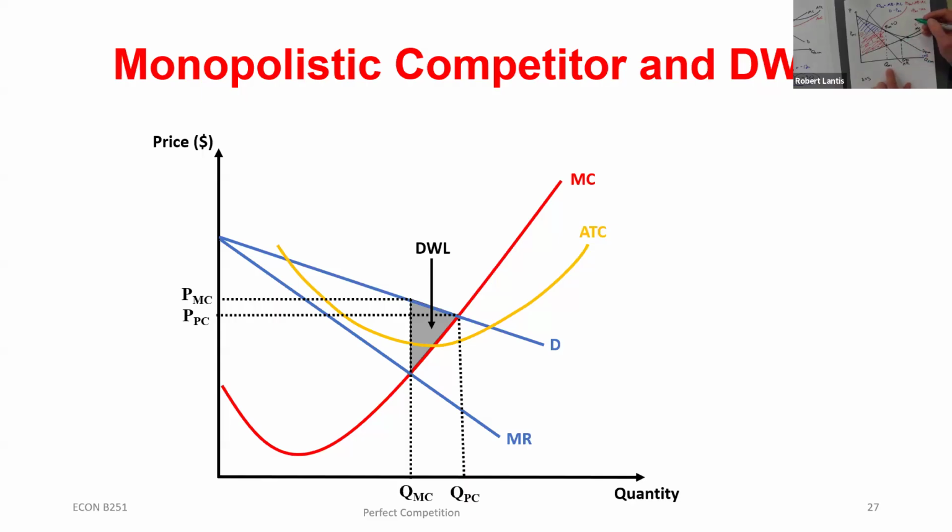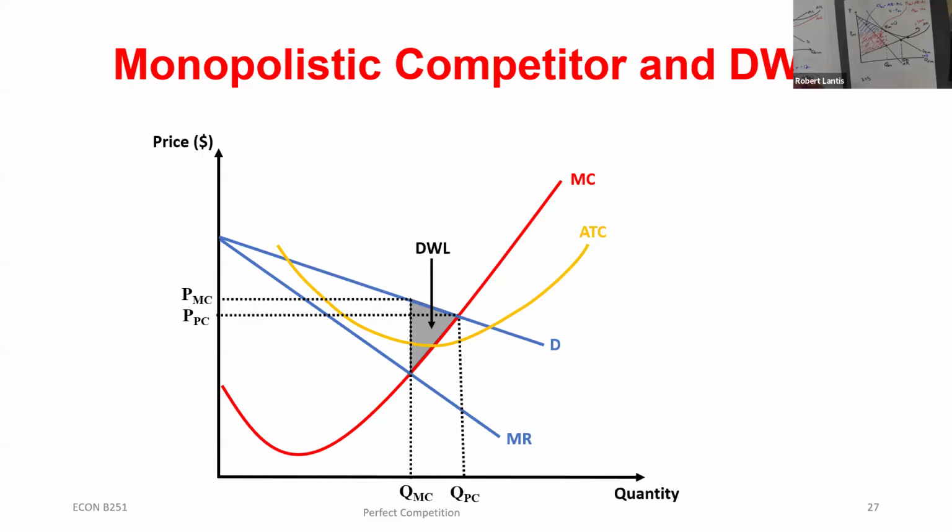So notice in a monopolistically competitive market, that firm is going to choose a quantity that's lower than what it would choose if it was in a perfectly competitive market. And that makes sense because they don't have complete monopoly power, but they have some monopoly power, right? So in the market, we're not going to see the quantity restricted as much by monopolistically competitive firms as we would by a monopolist, but we're still going to see that it goes down.